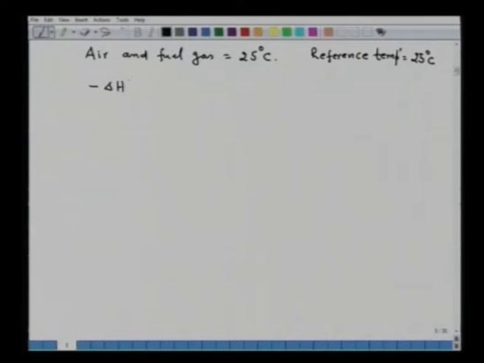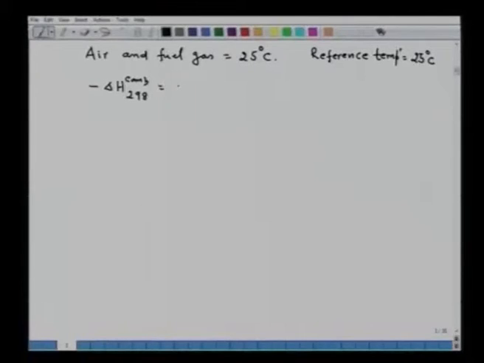So delta H combustion at 298, that is the heat of formation of products minus heat of formation of reactants. Heat of formation of reactant, for example, oxygen is 0. Heat of formation of CH4 you have to take into account, CO2 and H2O you have to take into account, and the reaction which we are considering has H2O in gaseous state.